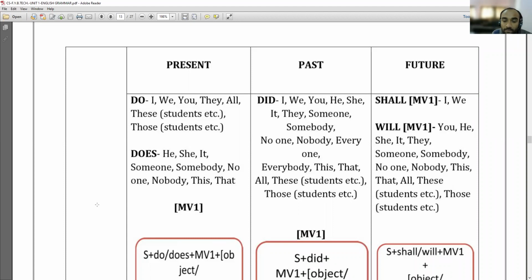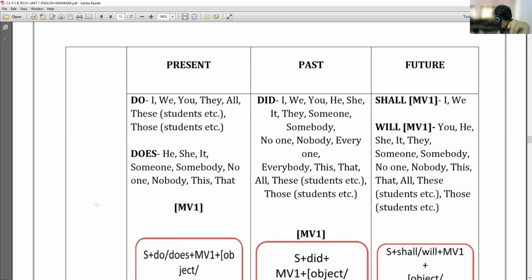Okay, do is used after प्लुरल सब्जेक्ट्स. प्लुरल सब्जेक्ट नंतर आपण डू वापरतो or plural pronouns. Okay, keep in mind that do is used after plural pronouns and does is used after singular pronouns.